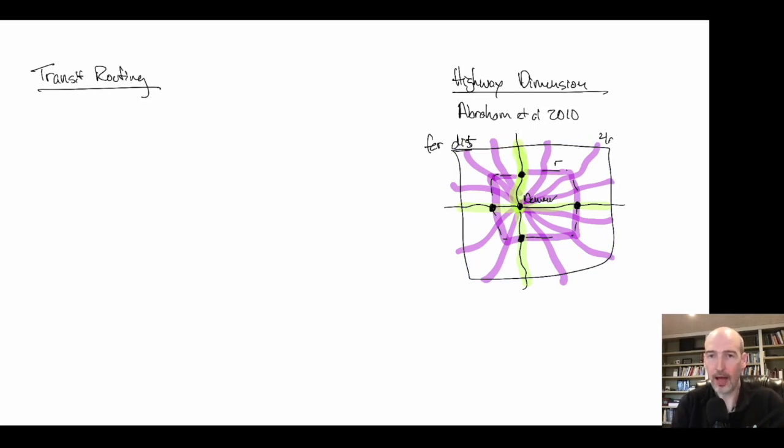Highway dimension was developed by Bast et al. I think the first paper was in 2006, and there was another bigger journal paper in 2007, if I have all those right.